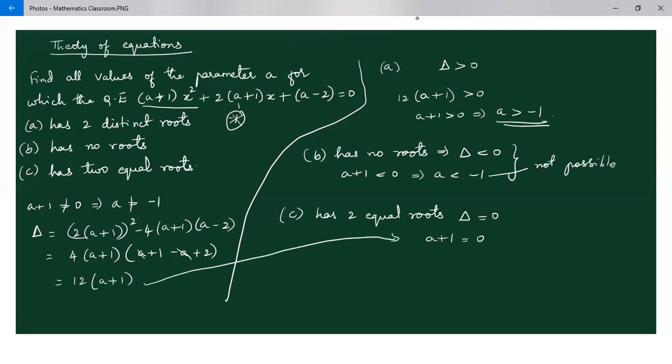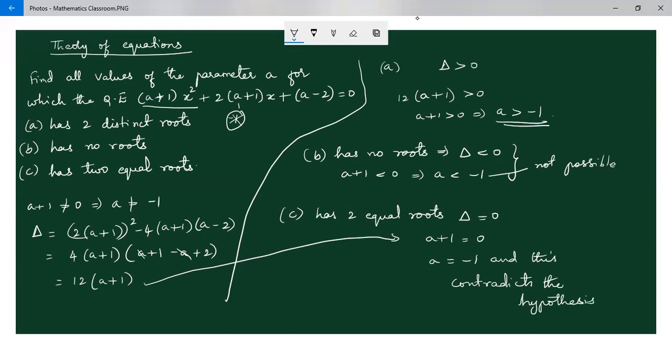Then a will be equal to −1, which is not possible, and this contradicts the hypothesis, because if a + 1 is equal to 0, then the quadratic equation will not exist here, and it is given that a must not be equal to −1.